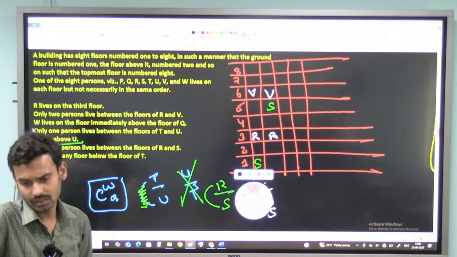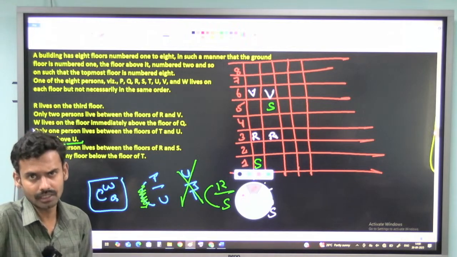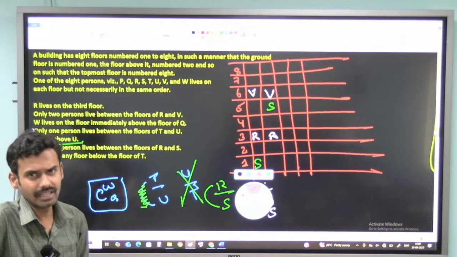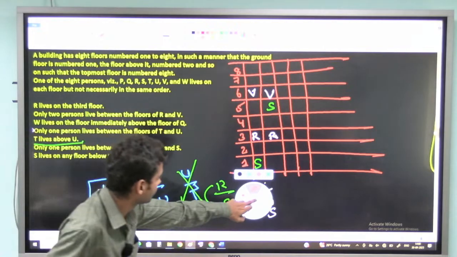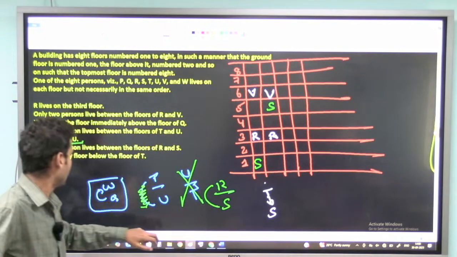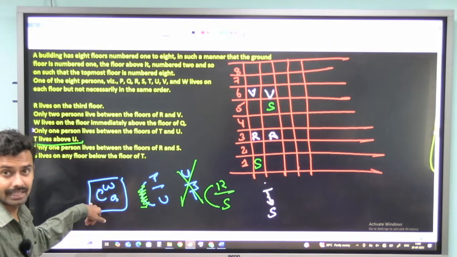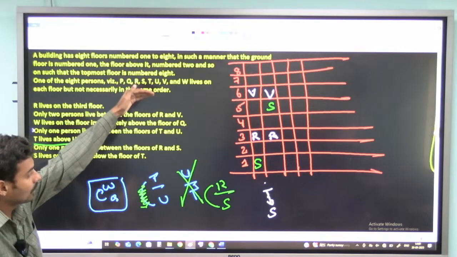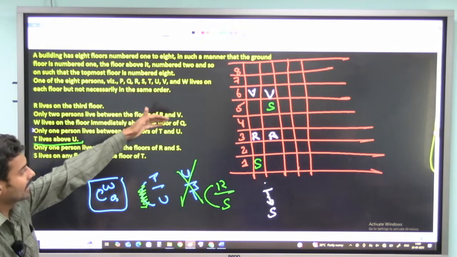So it is T at the top and S at the bottom. It can be anywhere, and nowhere are they saying immediately below. Somewhere below, need not be immediately below. As I said before, here it is given as immediately above, but here it is not given as immediately below. If T is on the 8th floor, then S can occupy 7, 6, 5, 4, 3, 2, 1.